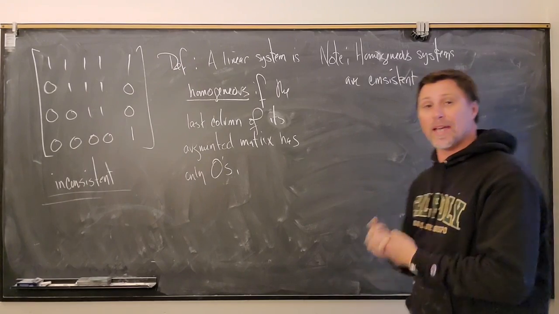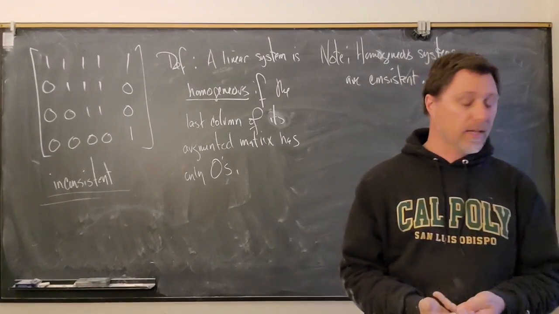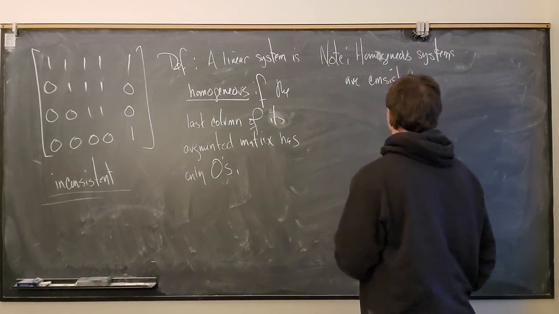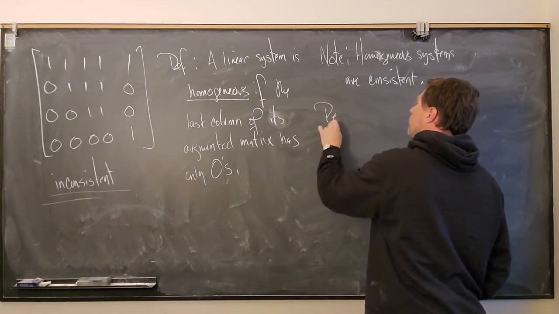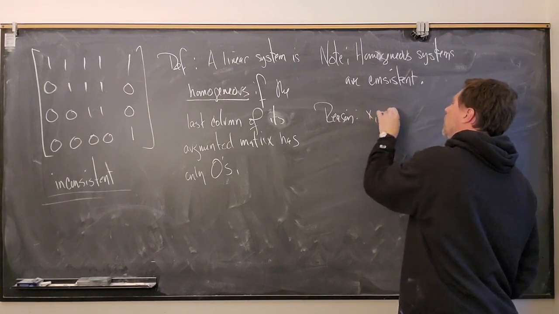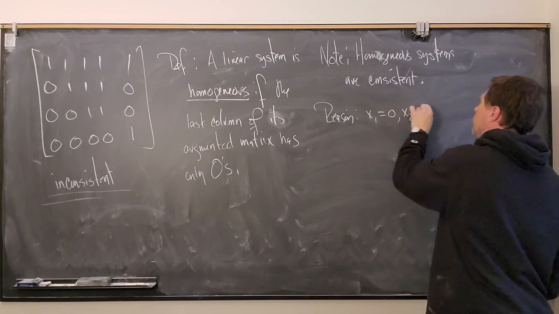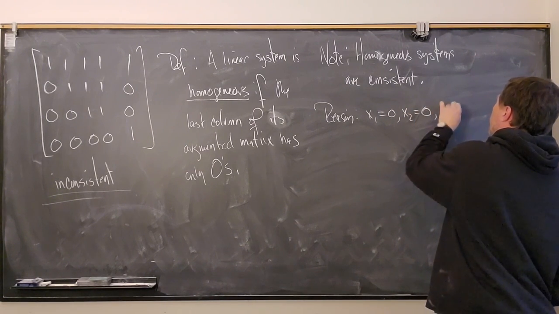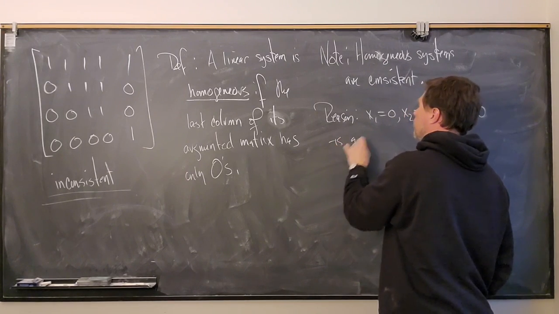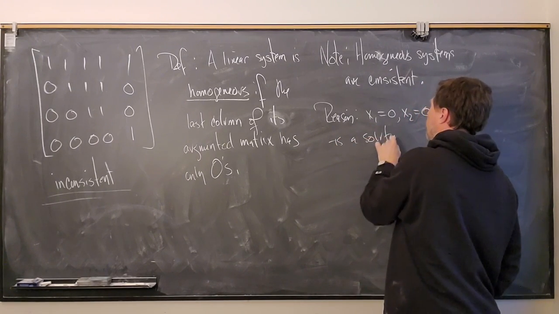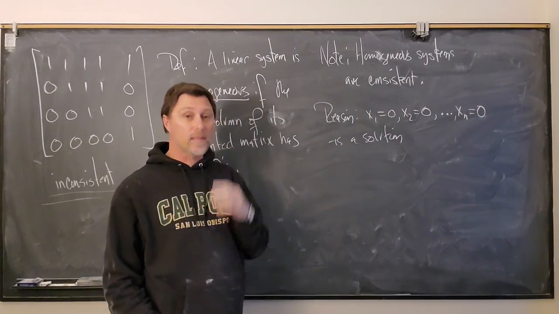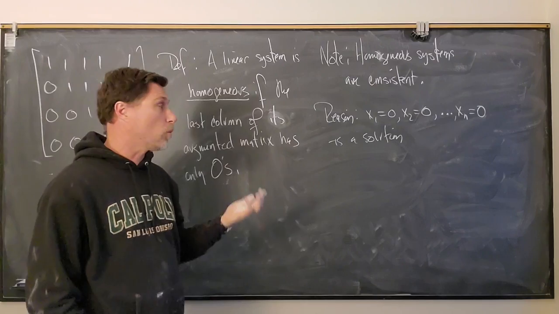If we choose x1 equal to 0, x2 equal to 0, x3 equal to 0, all the xi's equal to 0, that gives us a solution. So the reason is that x1 equal to 0, x2 equal to 0, dot, dot, dot, xn equal to 0 is a solution. And remember, we defined a system to be consistent if there's at least one solution.